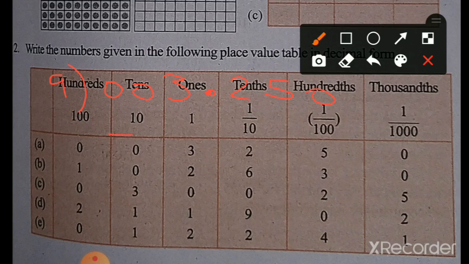So the original number is 3.25. This is for the A. Now for the B, in the column of hundreds it is 1, then for the tens it is 0, for the ones it is 2, so 1 0 2, then after the point 6 3 0.